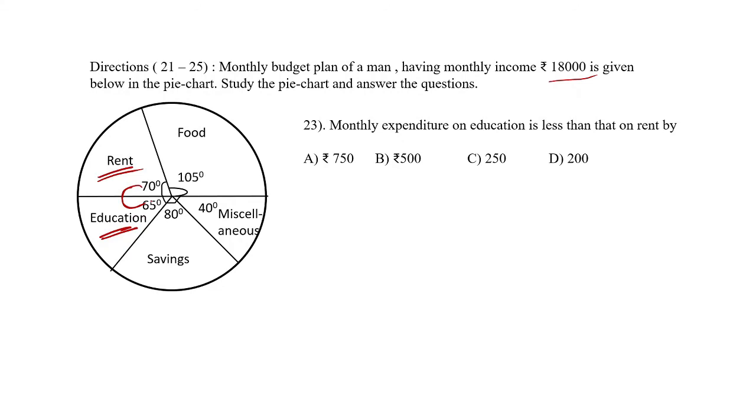What is the difference here? 70 degrees minus 65 degrees, that is 5 degrees by the total 360 degrees into 18,000. So here 50 times 5, 250 is the result.